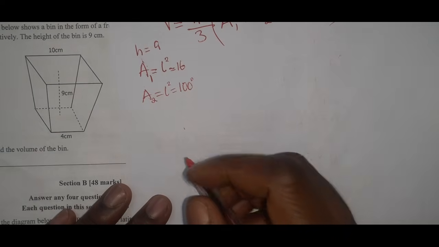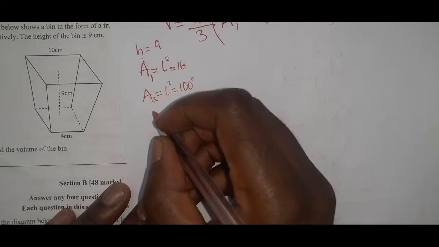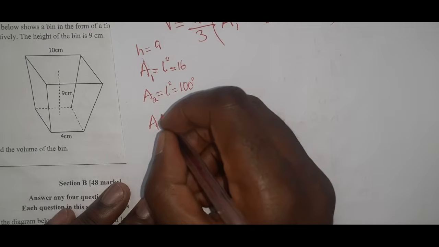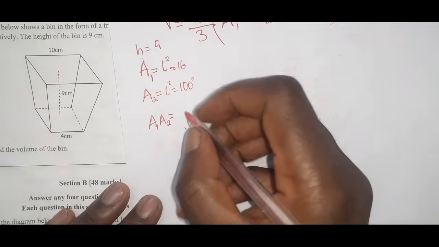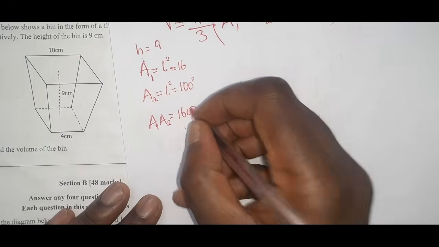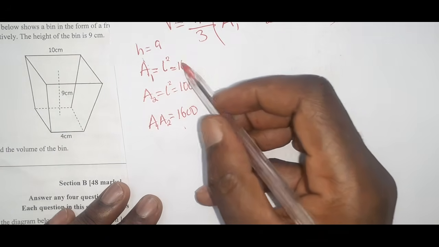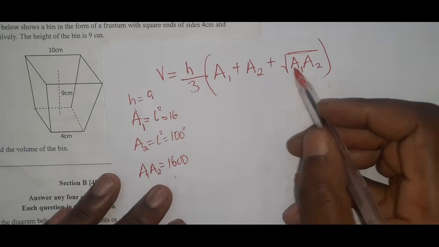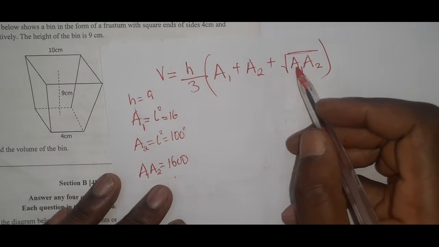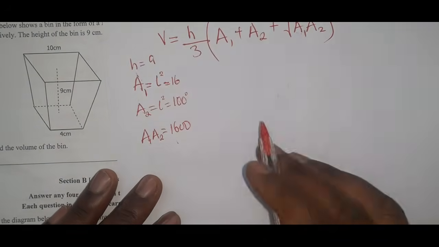Okay? Then what we can just do to make our work easier, maybe we can multiply them in advance. So when you multiply these 2, area 1 multiplied by area 2, this is what we are going to get.